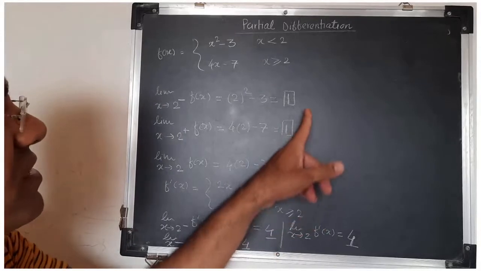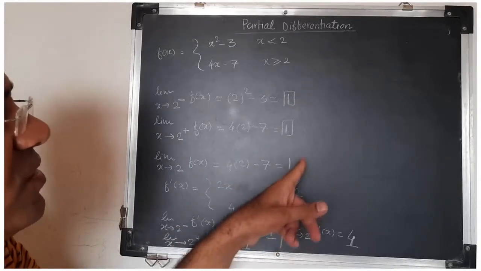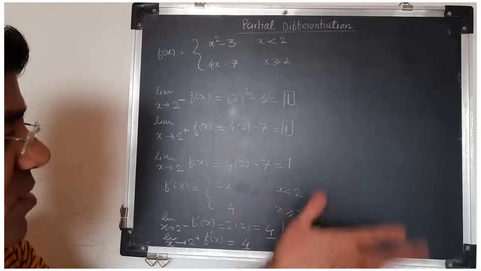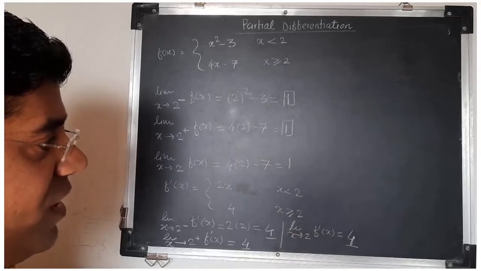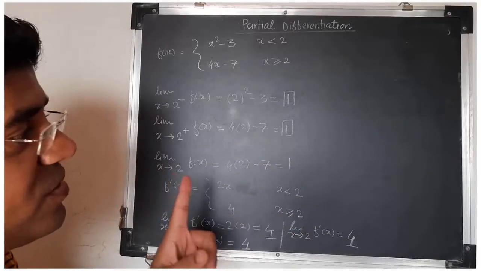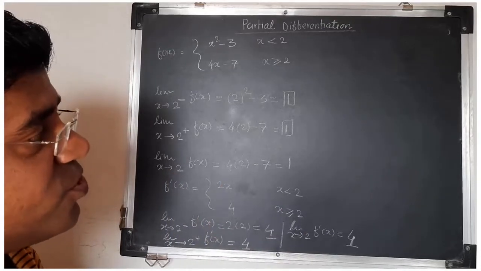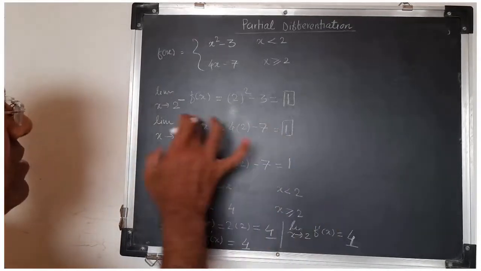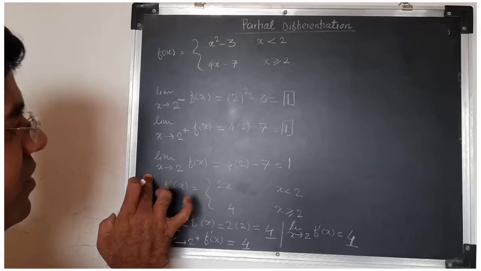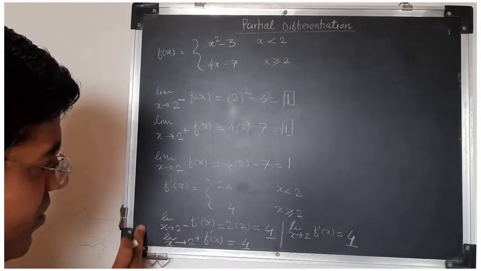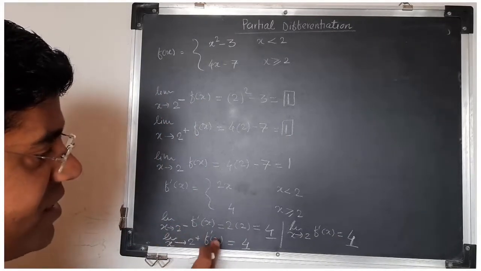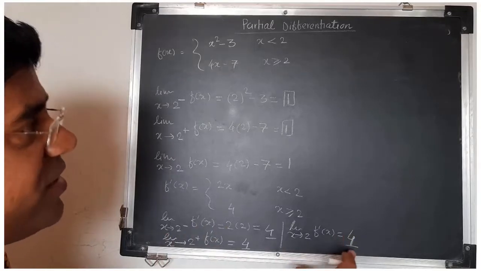In that case the given limit is not continuous, then there is no point. So the important point is that the function and its derivative should be continuous, meaning we have taken the limit of the given function as well as the limit of its derivative, and we get continuity.